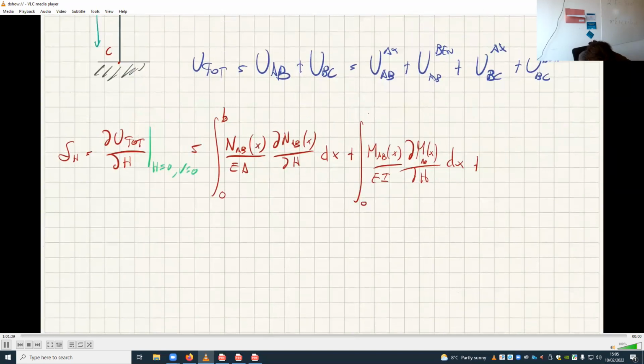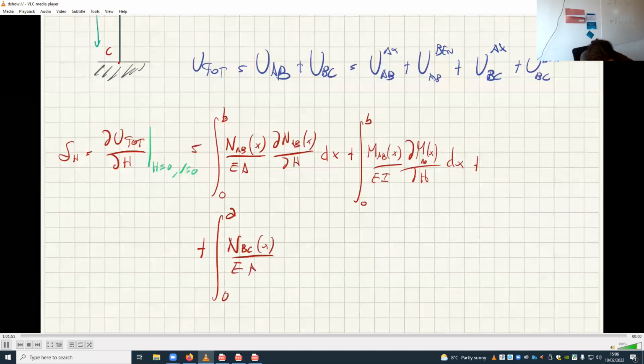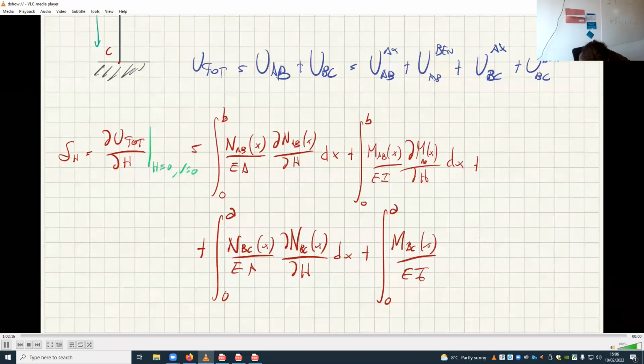Plus now the segment BC, which goes from 0 to a, of N BC of x over EA times the derivative of N BC in dH dx, plus the integral from 0 to a of M BC of x over EI times the derivative of M BC of x in dH dx. There you go.